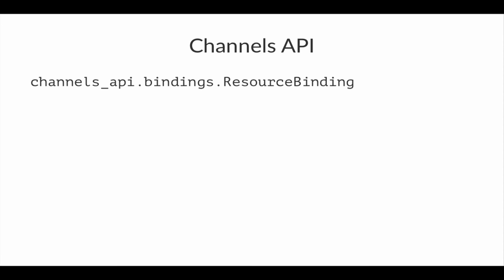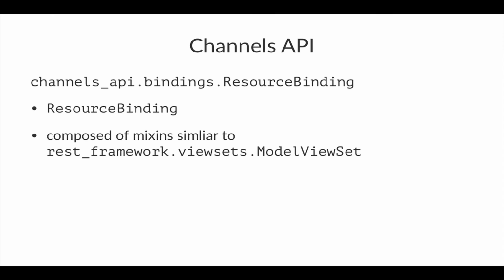Channels API provides a resource binding, and it was largely inspired by Django Rest Framework's model view set. If you've looked at the source code of that class, you'll see that basically that class is composed of multiple mixins. I've used the same kind of pattern here as model view set, in that I've abstracted each one of the create, update, delete, list, retrieve, subscribe into its own mixin class.